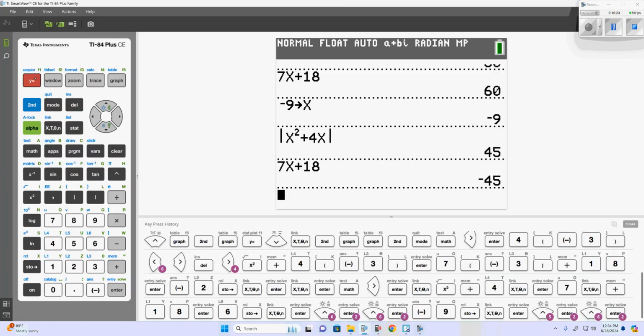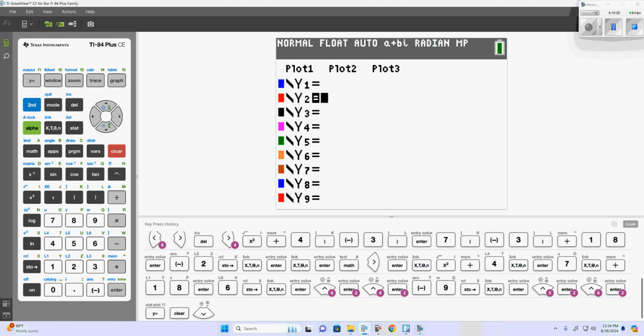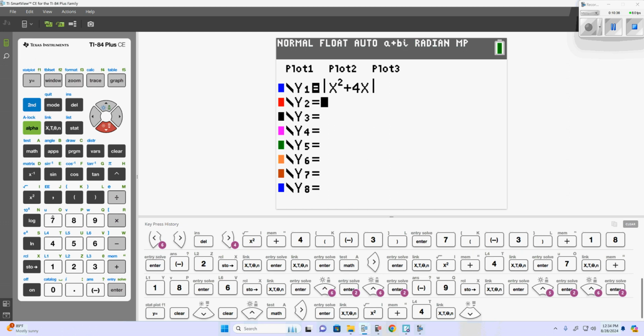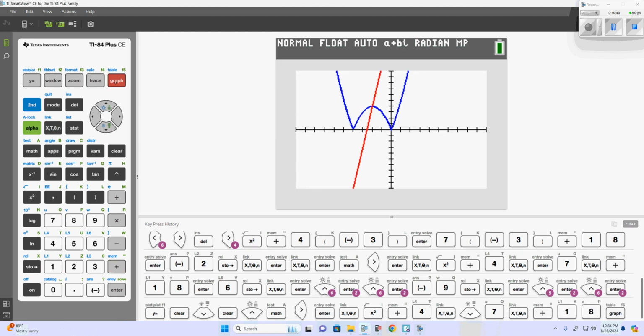Now, one other thing that is interesting with graphing, clear both of those out, math over absolute value of x squared plus 4x and 7x plus 18. So we have these two graphs. The one on top, the one in blue that looks like a W, is the absolute value one.